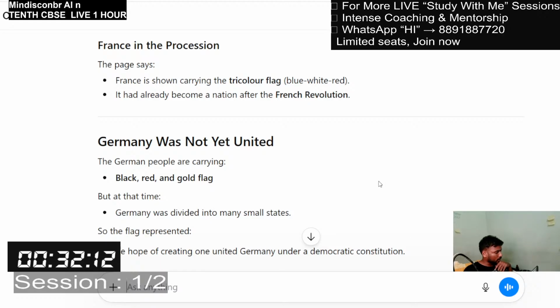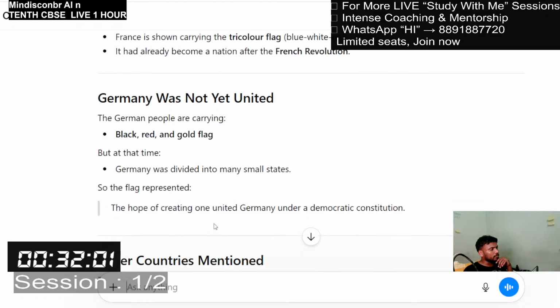Germany was not yet united. The color of the German flag was black, red, and gold. But at that time, Germany was divided into many small states, so the flag represented the hope of creating one united Germany under a democratic constitution.